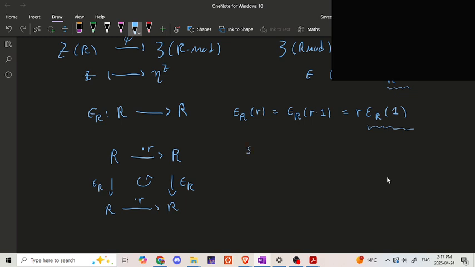That means if I went, well, S dot R, and then I applied eta R, this should be the same as if I went the other way, as if I went eta R S, and then multiplied on the right by R. Now, this is a module homomorphism, so I can pull the S out in front on this side, and I know that this has to hold for all S in R, and so therefore this must be true when S is equal to 1.